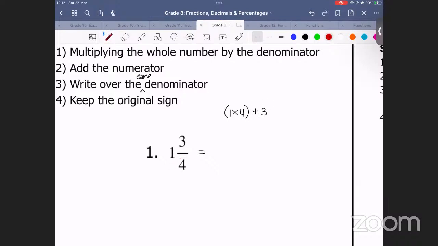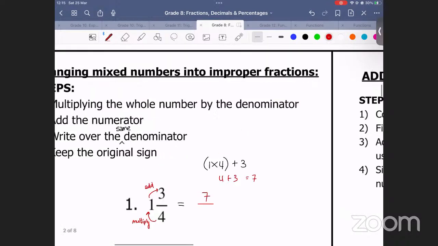So 1 times 4 plus 3. Let's use words: multiply and add. Then keep the denominator the same. So 1 times 4 is 4, plus 3 is 7. So it becomes 7 as your new numerator. Steps 1 and 2 form the new numerator.